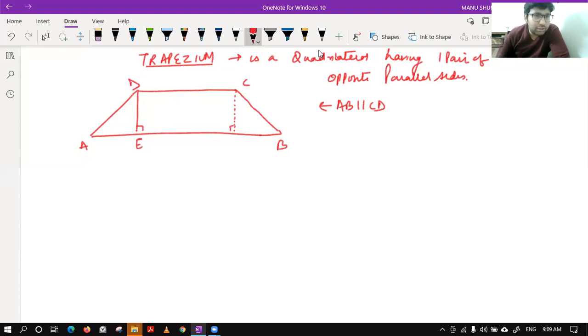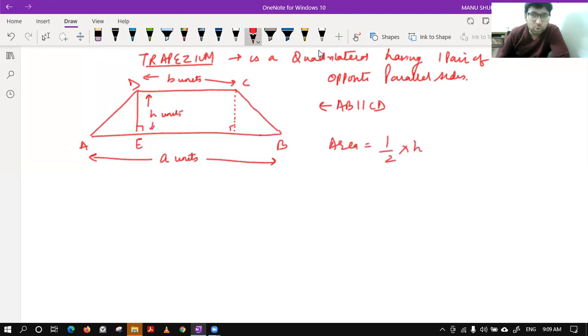If the lengths of the two parallel sides are A units and B units, and the height is H units, the area is given by half into height into the sum of parallel sides, that is A plus B. This is the area of a trapezium.